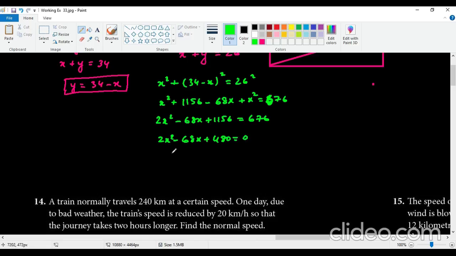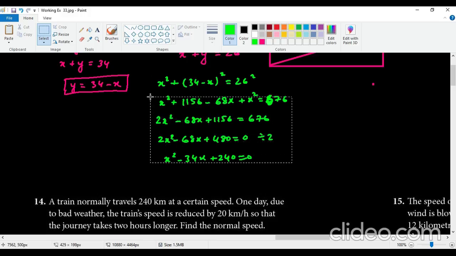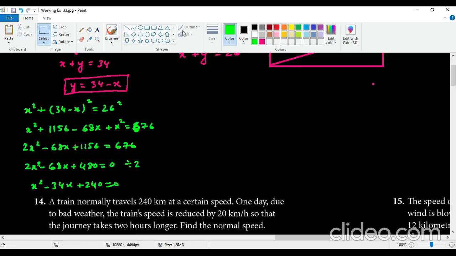Dividing the whole thing by 2 gives us x square minus 34x plus 240 equals 0. Now we put this into the quadratic formula. If I bring everything here, the value of a is 1, b equals negative 34, and c equals 240.